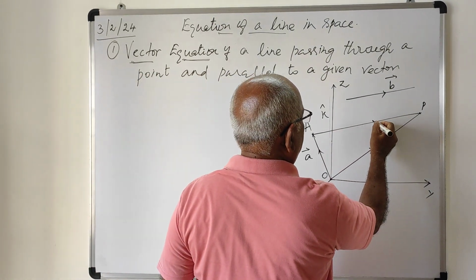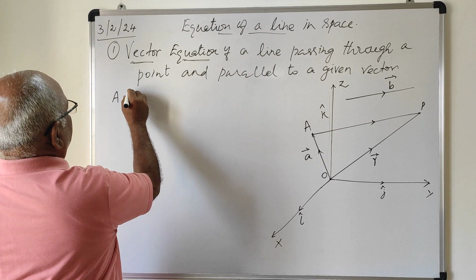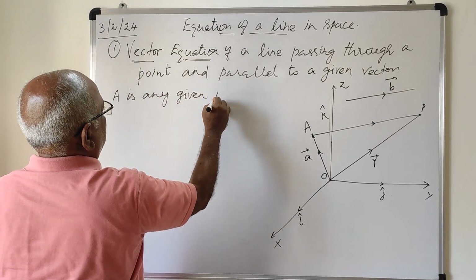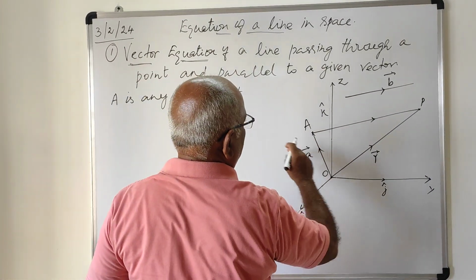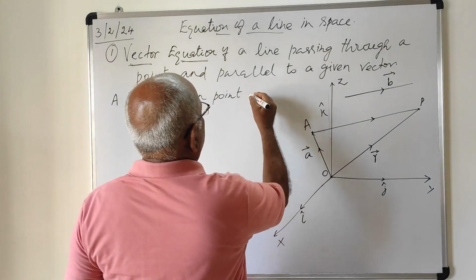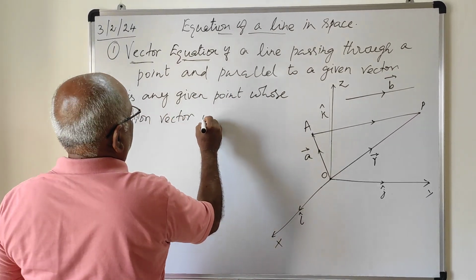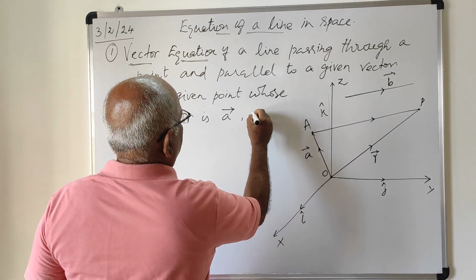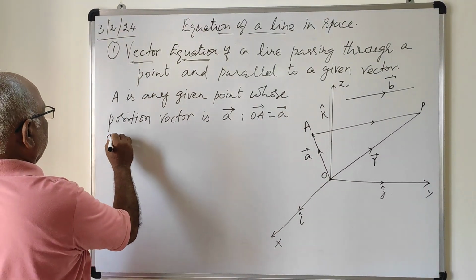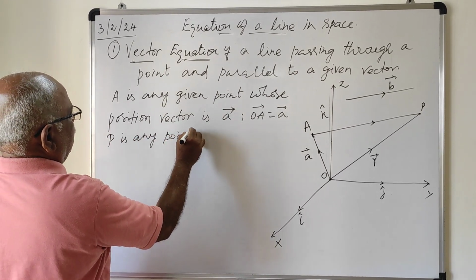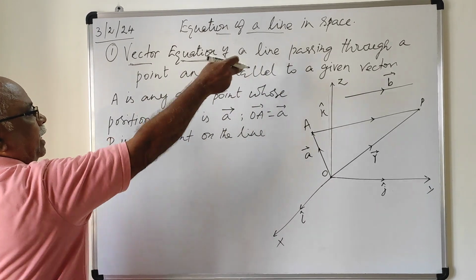A is any given point through which the line is passing, whose position vector OA is vector a.